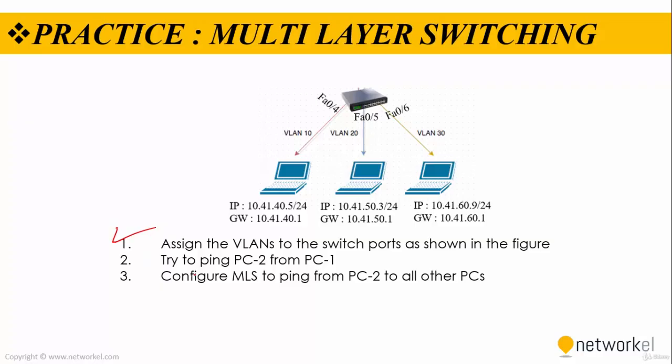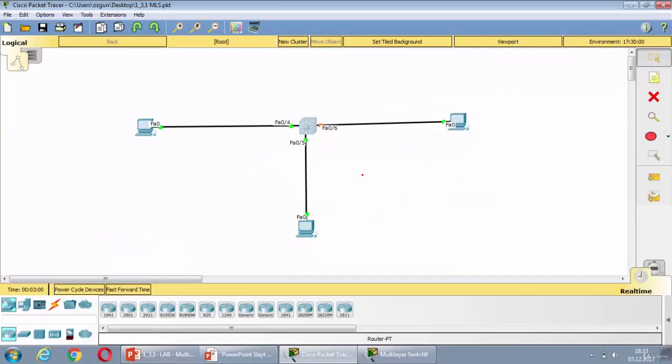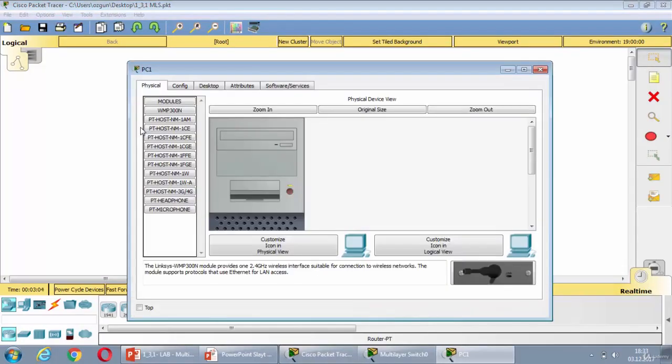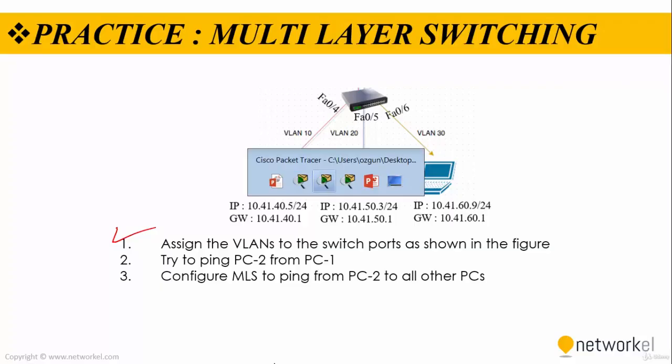Let's try to ping PC2 from PC1. This is PC1 and this is PC2. Okay. I'll go to PC1 and I'm gonna ping 50.3.